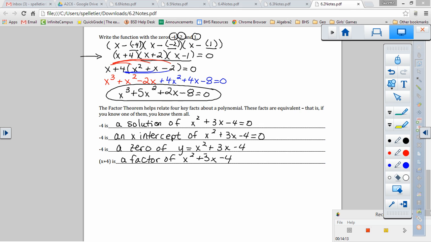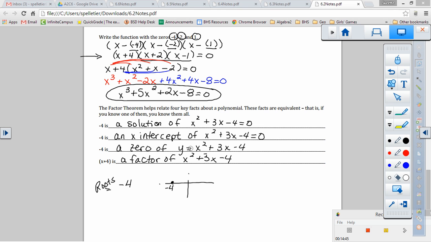So what they're saying here with the factor theorem is that you know a whole lot of information about an equation if you know one of its roots. So, for example, they just told you that one of the roots was equal to negative 4. And so just by knowing that, you know that negative 4 is a solution, because we know that my equation, my graph, is going to cross here at negative 4. That's what a root is.